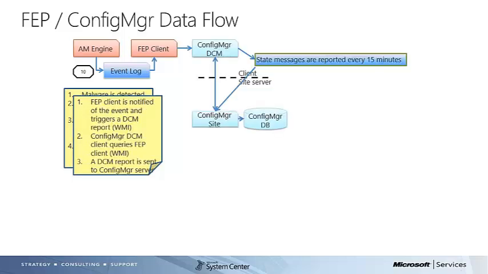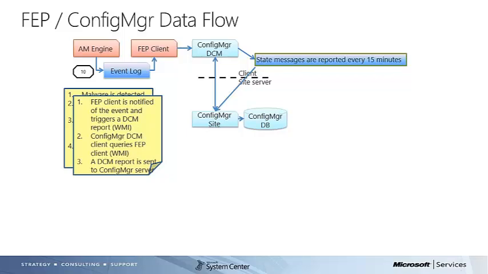From there, the FEP client will actually update WMI with a report that the DCM, or Desired Configuration Manager, agent, which is part of the Config Manager client, will then leverage, basically run its baseline to pull a report from WMI regarding the malware that was detected and hopefully successfully removed from the system.